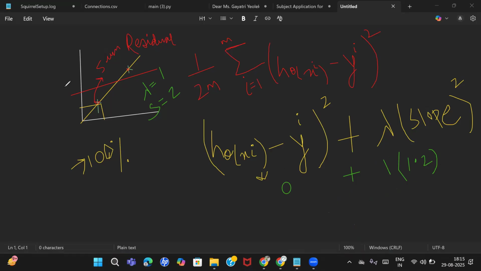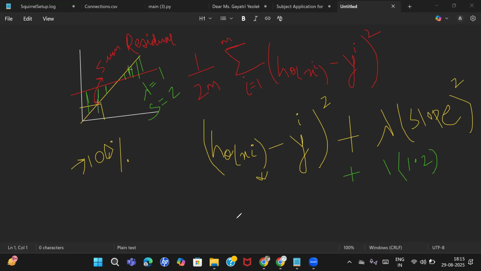And the distance between these two points will not be much, right? It would be a small value.